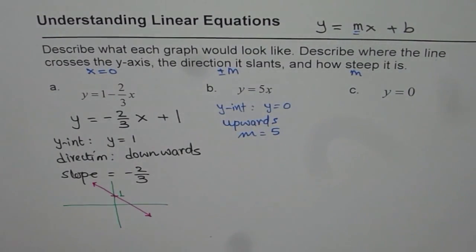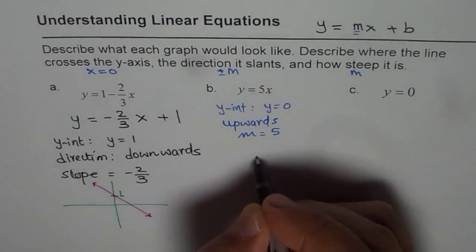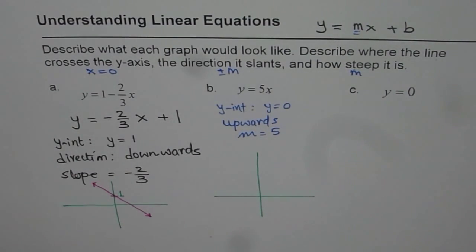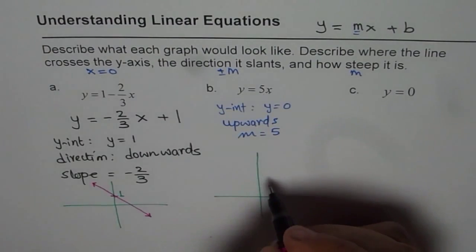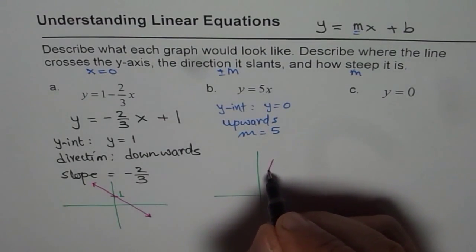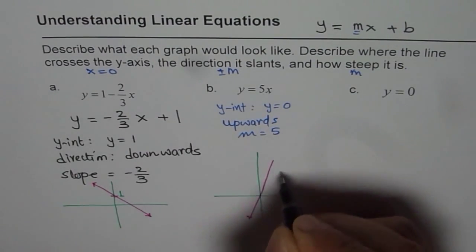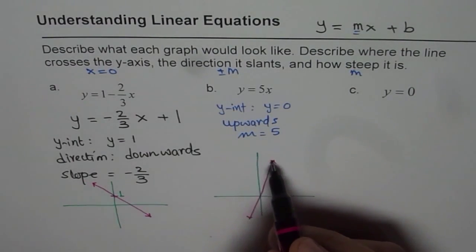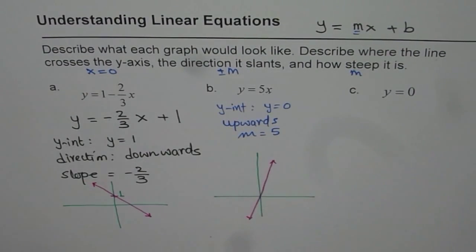So we can sketch this line as a line going through the origin, which is very steep, kind of like this. So 5 is the rise and 1 is the run. That is how you can describe this line going upwards through the origin.